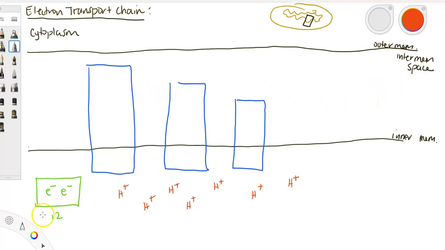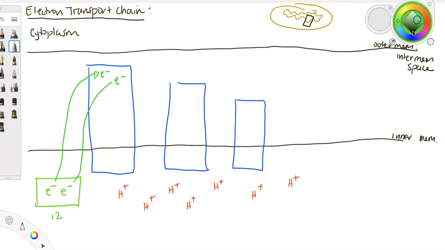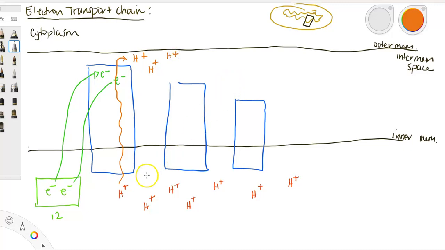So we're going to take these electrons and bring them up here. Here's this electron. Here's this electron. And when we do that, it's going to pump hydrogens into the intermembrane space.